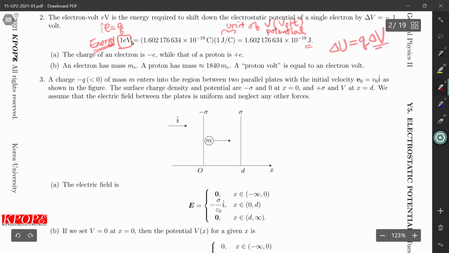If this potential is the same, proton and electron have opposite signs. Electron has minus e, proton has plus e charge.